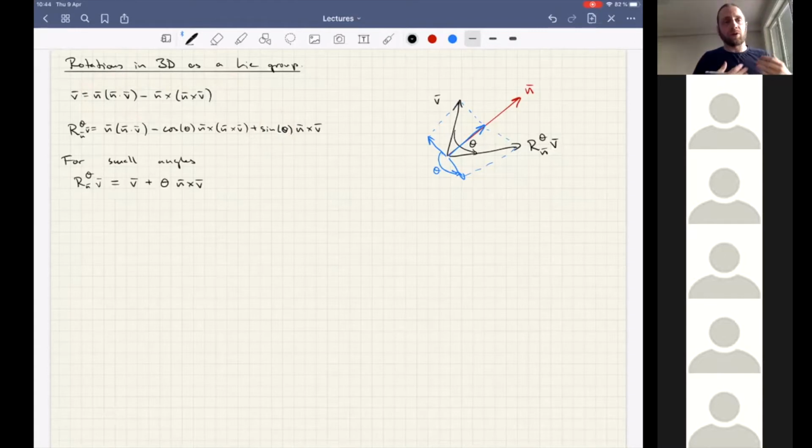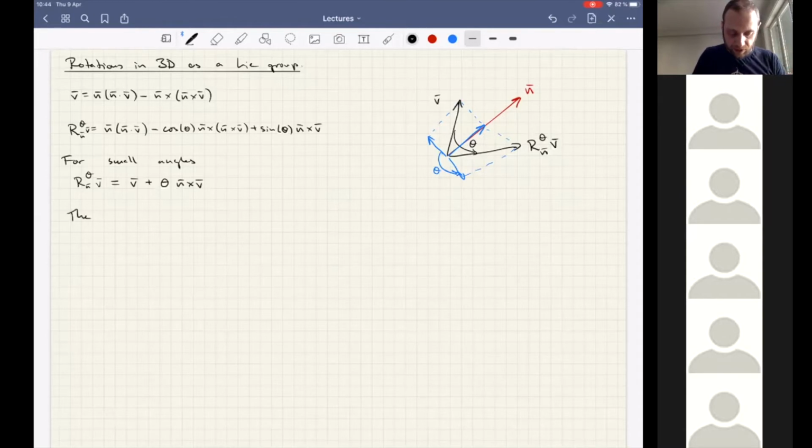So if I want to look at this commutator between rotations, I'm going to take now 3 generators of rotation.